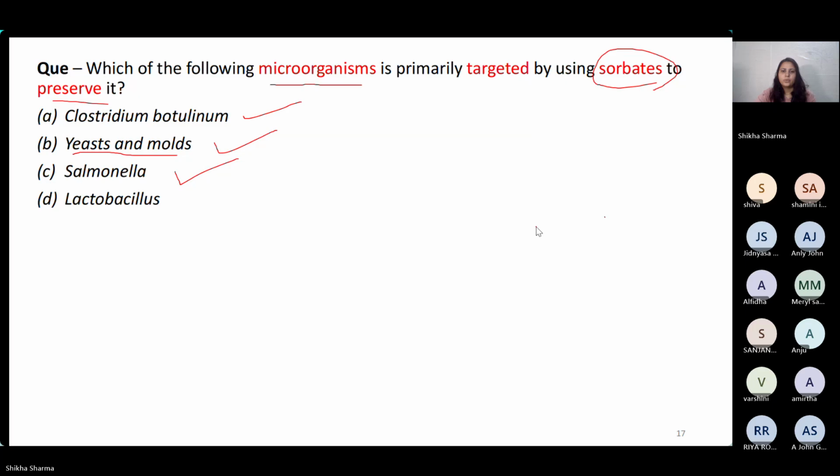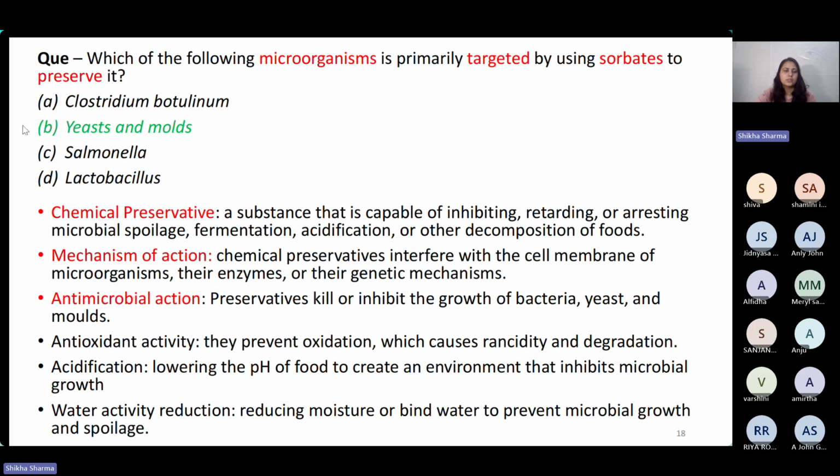Okay, let's see the answer. So he is correct. Yeast and mold is the correct answer. So basically, here we are discussing chemical preservatives. Chemical preservatives are substances capable of inhibiting, retarding, or arresting microbial spoilage, microbial fermentation, acidification, and other decomposition of foods.